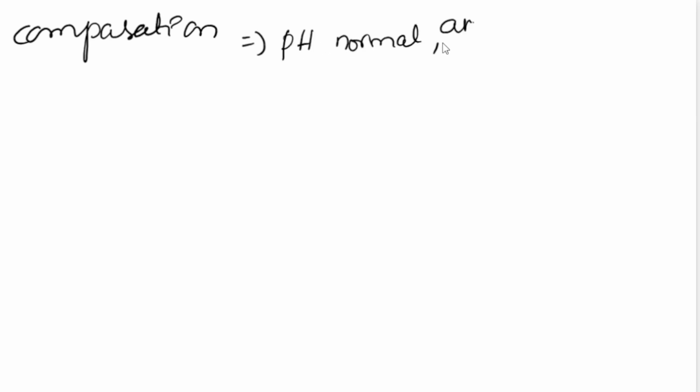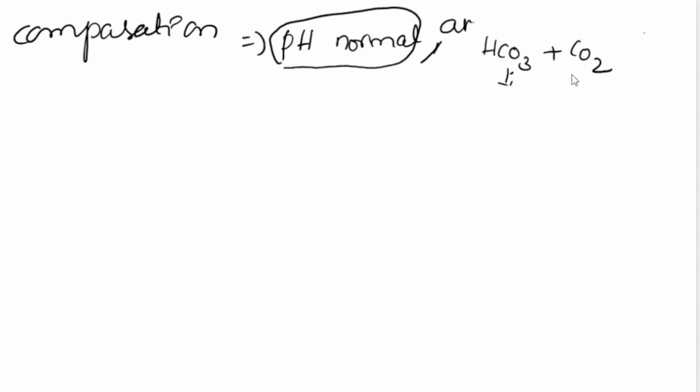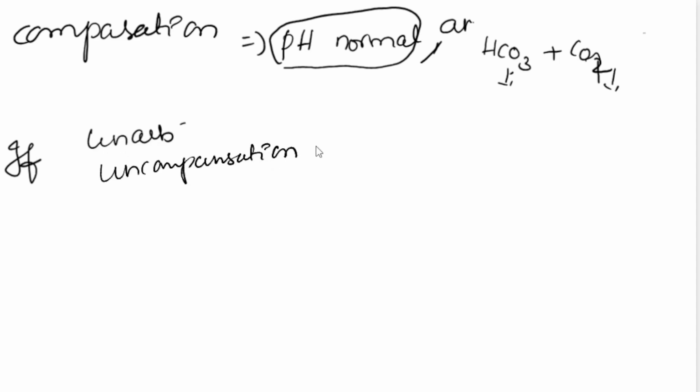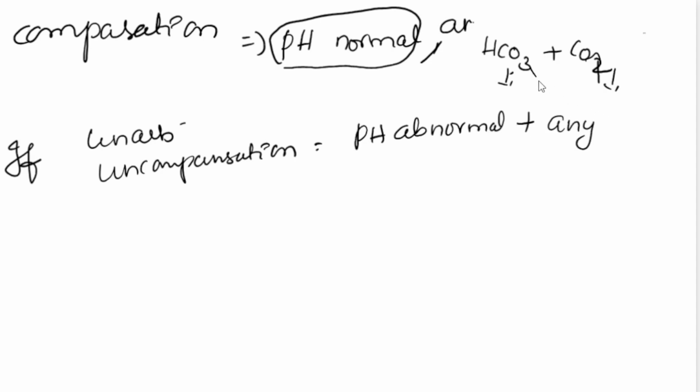Compensation means pH is normal. While checking compensation, we have to think about these three components: pH, bicarbonate, and CO2. If bicarbonate increased or decreased, carbon dioxide increased or decreased, but the pH is normal, then we call it compensation. Uncompensation means pH is abnormal and either HCO3 or carbon dioxide is abnormal.